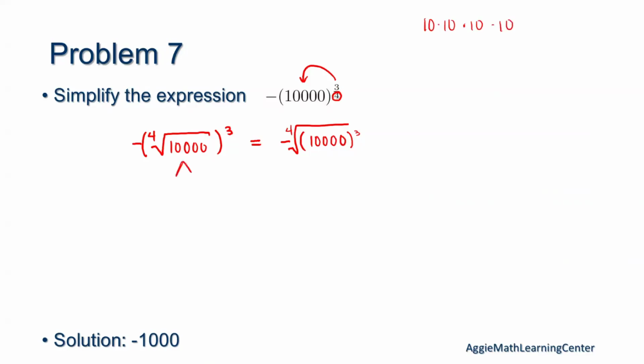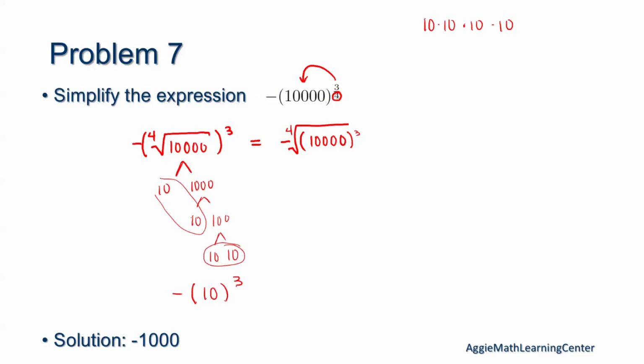So we could break this up into 10 times 1,000, and then we could just do the same thing that I just did, but with the tree. 10 times 100, 10 times 10, and these are all tens. Here's 10 and here's 10. So this is going to end up being negative 10 within here to the power of 3.